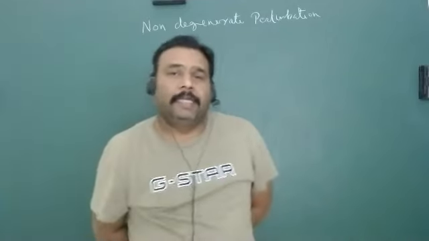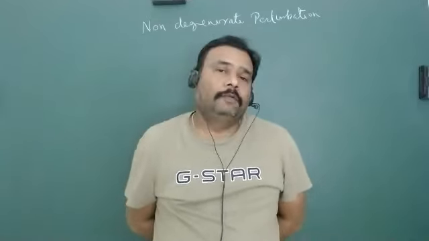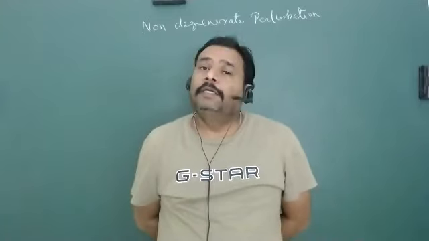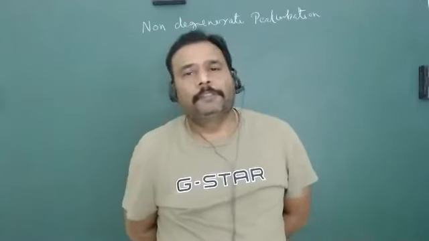So, the question is: disturbance in what? Disturbance in some original system. Now, what is the meaning of original system? It is a system which can be solved fully with the help of the Schrodinger wave equation.